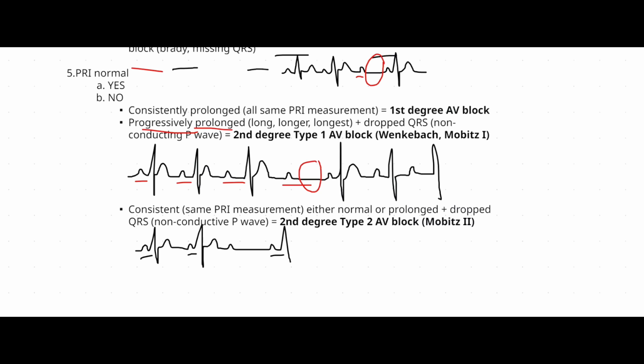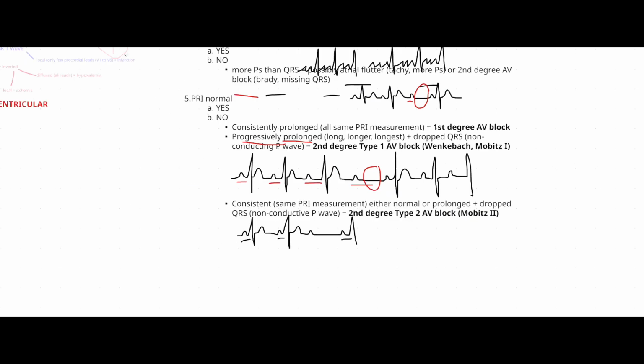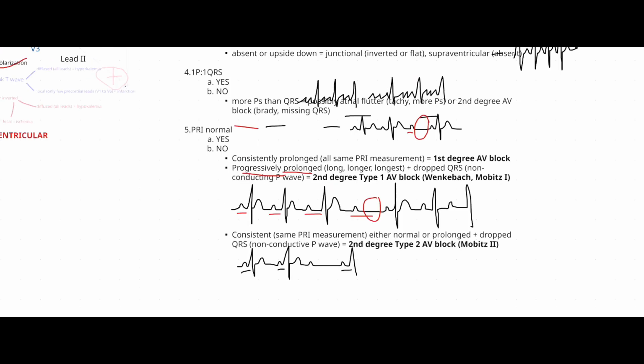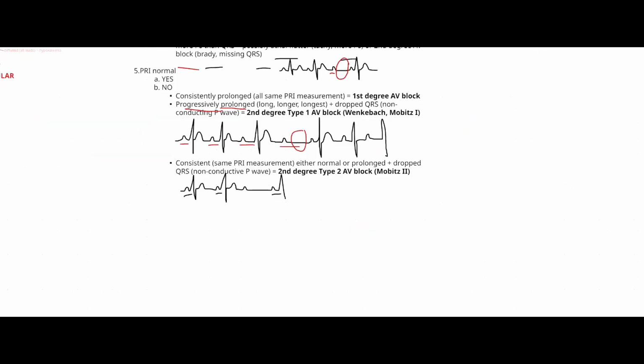Which do you think is more dangerous? Second. So in AV blocks, the higher the degree, the more deadly, okay? The higher the degree, the more deadly. And of course, the highest degree is the third degree block, right? So we're gonna add third degree, and then I'm gonna move to a different section.